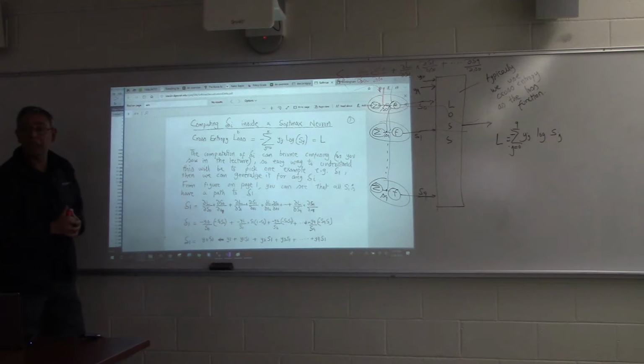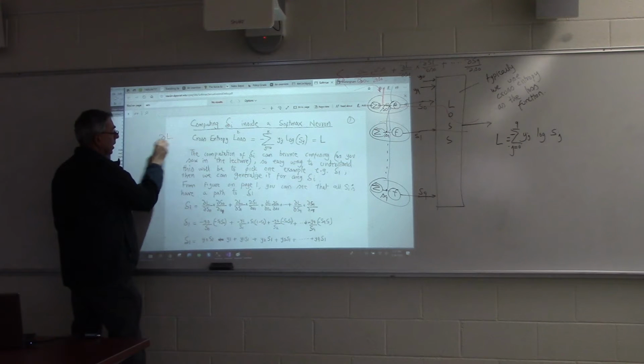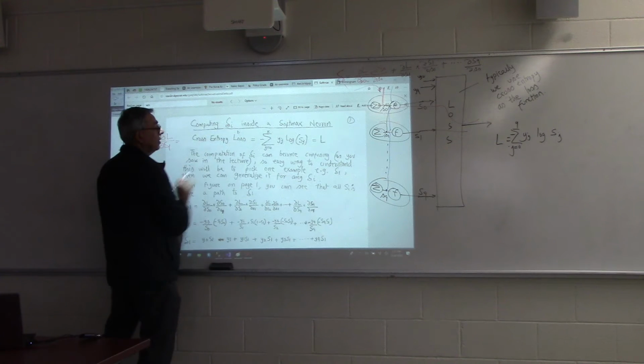This is called the cross entropy loss, right? So for example, if I wanted to do, let's say, partial L over partial S1 as an example, what will this be? Can you tell me from here?